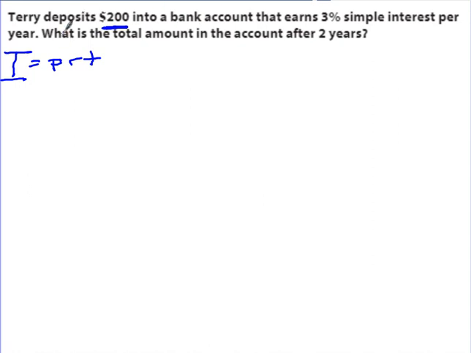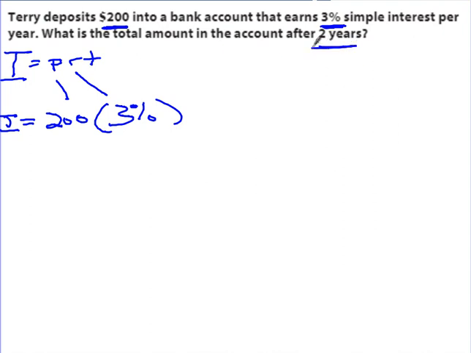She starts off with $200. And then it earns 3% simple interest per year. So there's our rate: 3%. Our principal is $200, the starting amount, and we're trying to figure out how much interest she earns after 2 years. There's our time.